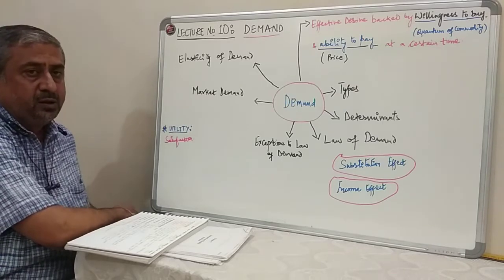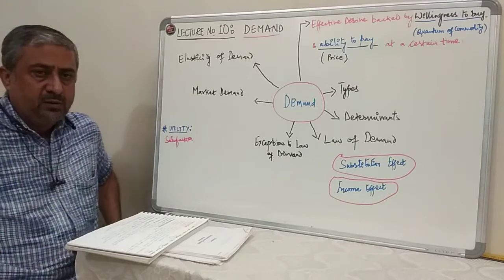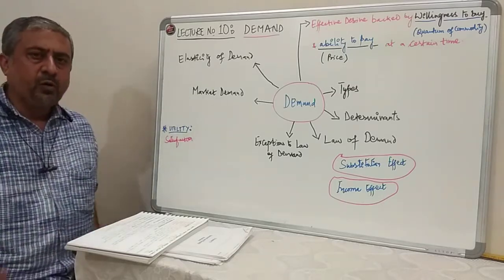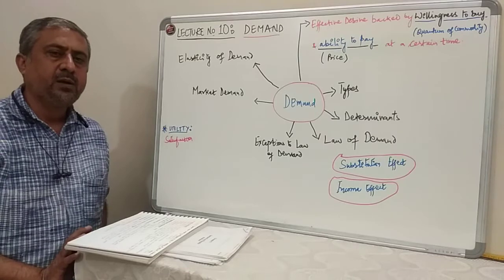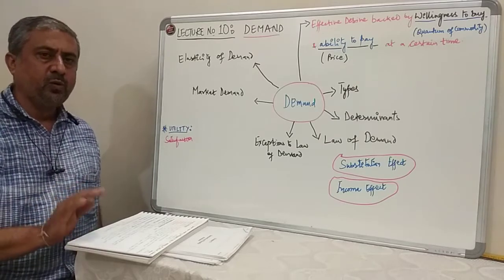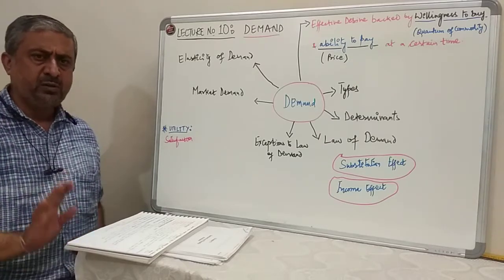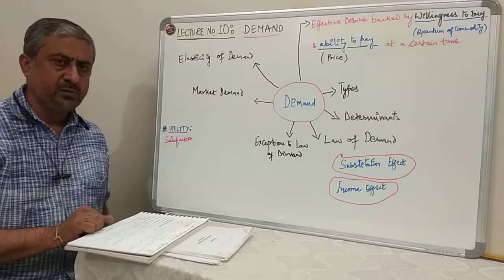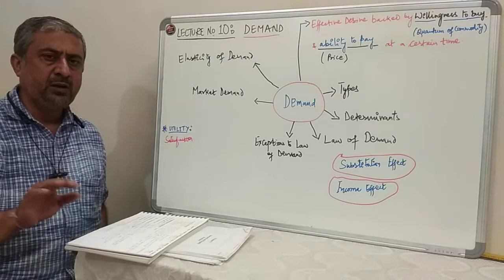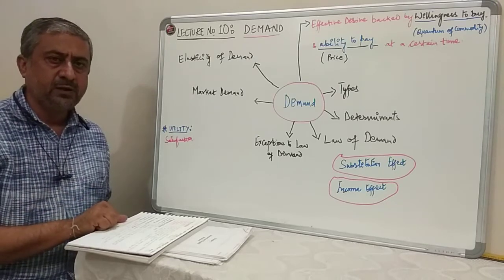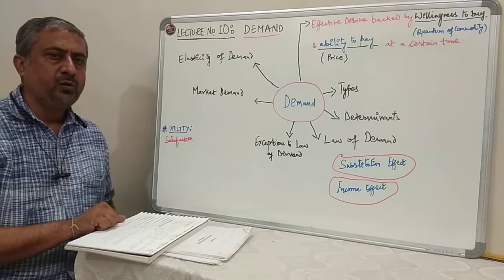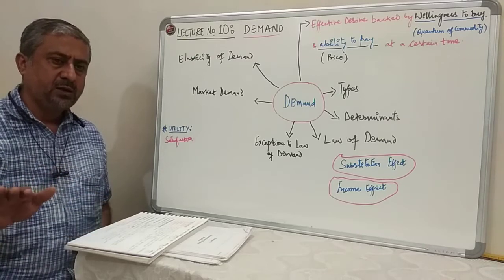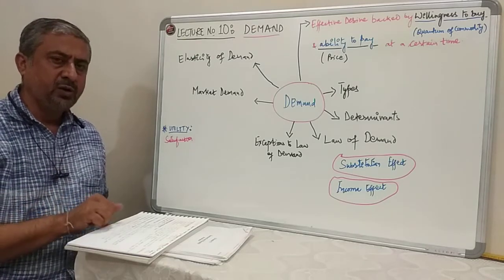That means if you are having higher incomes in case of normal goods, right, you'll buy more of that, or you'll keep on buying it. But in case of inferior goods, which are having relatively low price value, what will you do? You will stop buying that even though your incomes are rising.